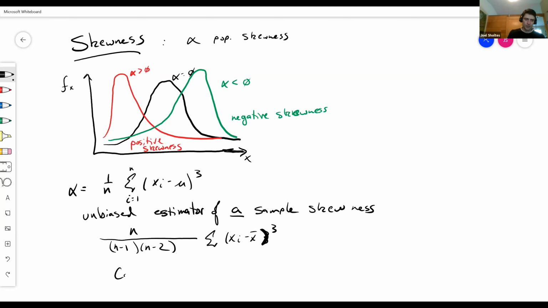And we can also have a coefficient of skewness, just like the coefficient of variation. And that is alpha over sigma cubed, or A over S cubed. And that allows us to compare skewness across populations because skewness is scaled to the data itself.